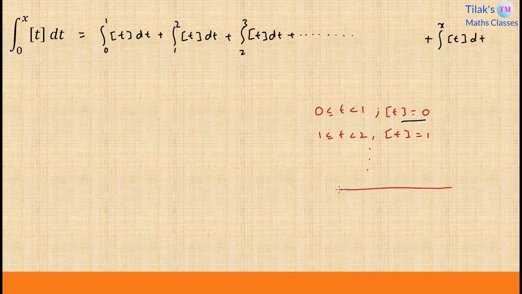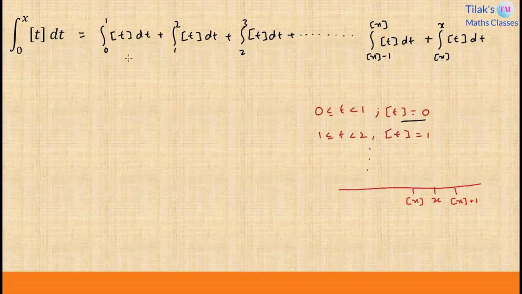If we consider the number line, the integer that precedes x is greatest integer of x, and the one that follows it is greatest integer of x plus 1, not that it is required here. So, the lower limit of integration here is greatest integer of x. The integral that precedes this will be integral greatest integer of x minus 1 to greatest integer of x greatest integer of t dt.